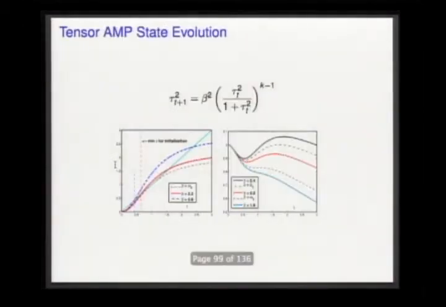So if we write the AMP kind of sequence that corresponds to that power iteration, we get the so-called state evolution, which is the value of tau_{t+1} iteratively written as a function of the value of tau_t.